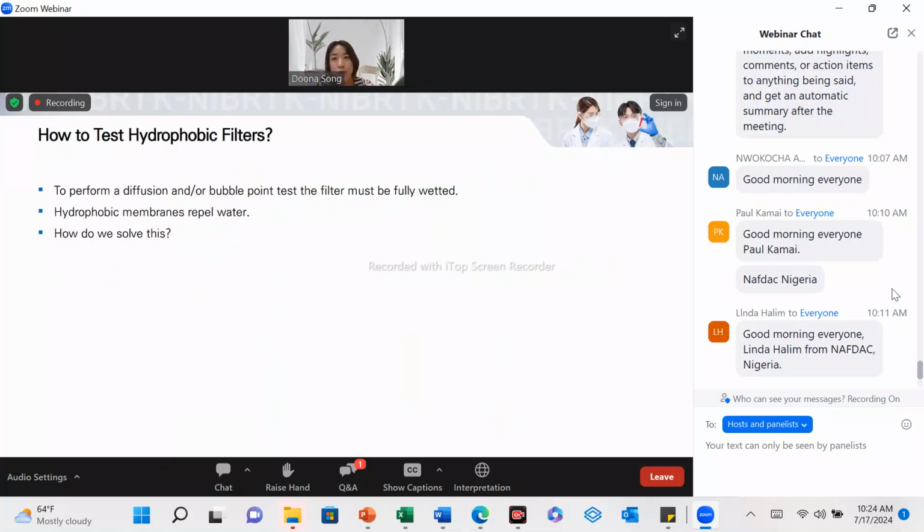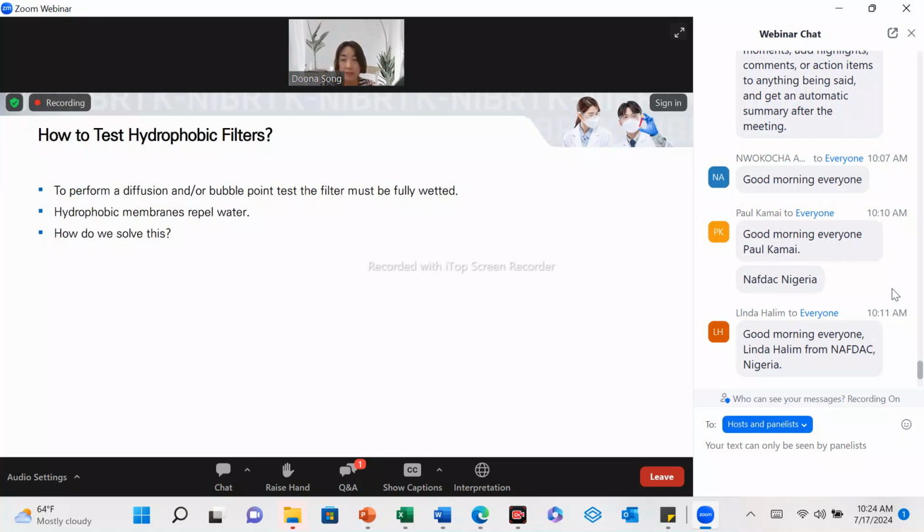To do diffusion test and bubble point test, the filter needs to be completely wet. A hydrophilic filter can be wetted using water. However, hydrophobic membrane hates the water, repels the water. So how do we handle this?